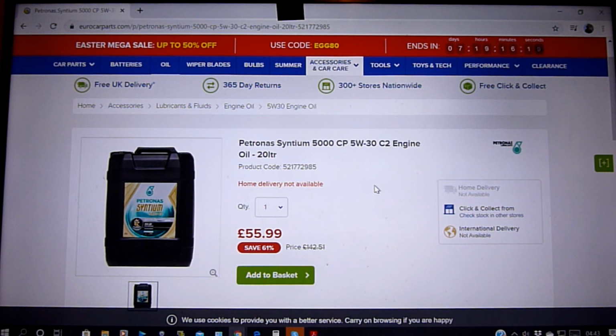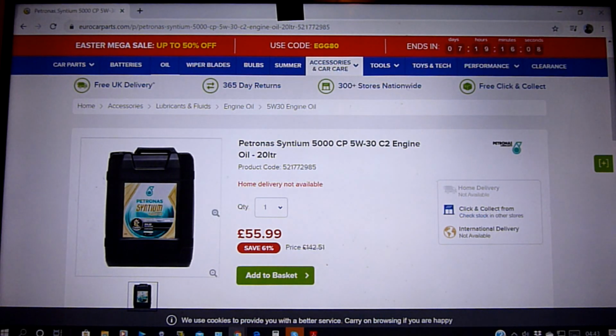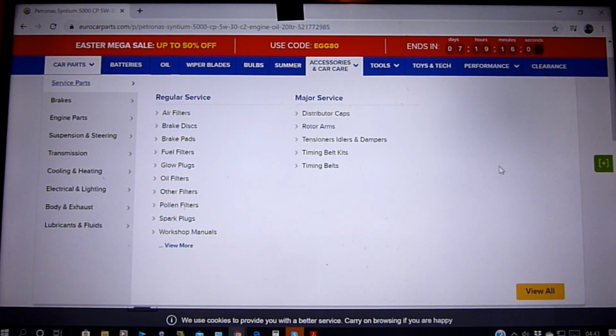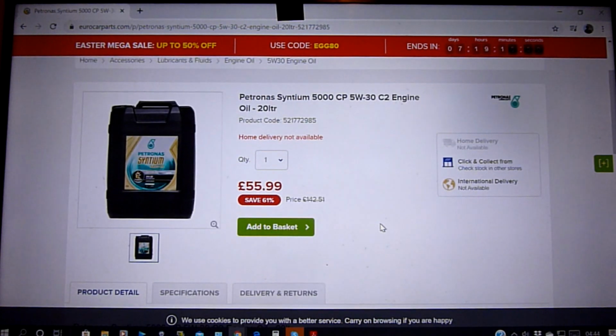Our supermarkets are really quite good, but check the specification matches your particular car. Supermarkets in the UK do really cheap oil. Halfords, of course, do oil. We'll look at Halfords as well. Now, EurocarParts is almost like a warehouse. They've got so much stuff in there.